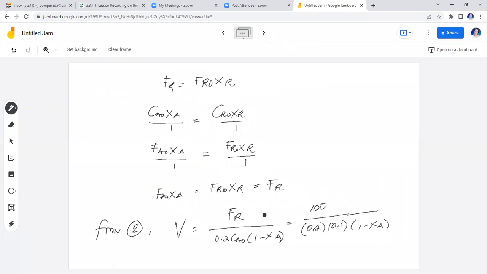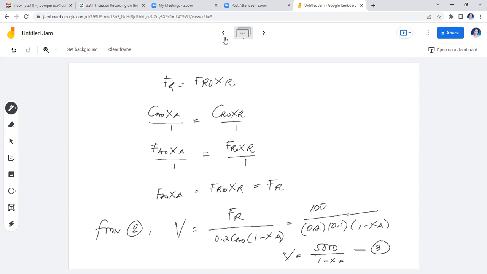So I have now the volume, you can write here volume, equal to 100 divided by 0.2 divided by 0.1, which is 5,000, times 1 minus XA. So a volume in terms of conversion. I'd like to write this as equation 3.